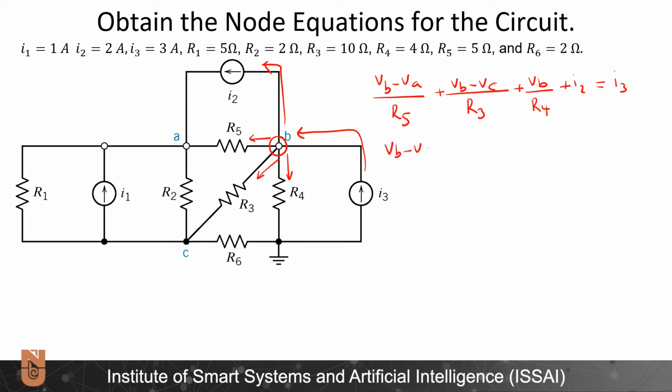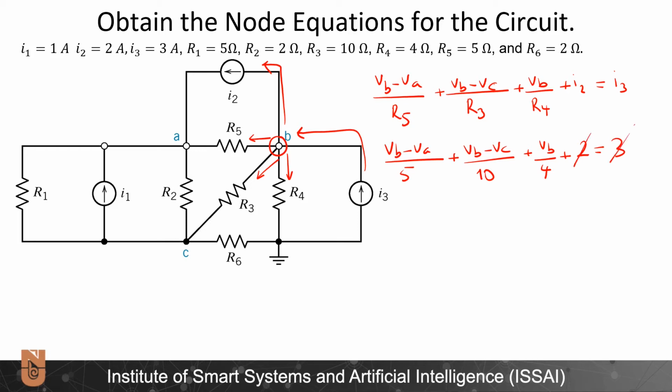Now let's plug in the numbers. VB minus VA divided by R5 is 5 ohms plus VB minus VC over R3 is 10 plus VB over R4 is 4 plus I2 is equal to 2 and I3 is equal to 3.